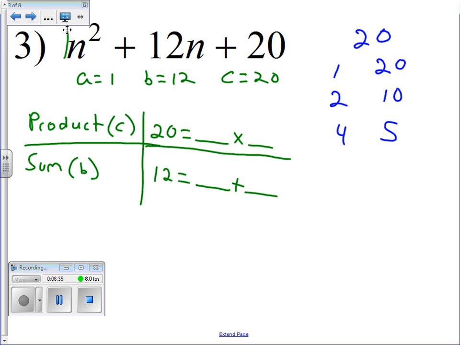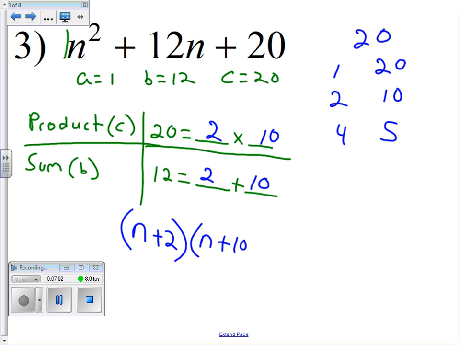Positive 2 times positive 10 will give me a positive 20, and positive 2 plus 10 will give me a positive 12. So my answer for this one will be n plus 2 and n plus 10.